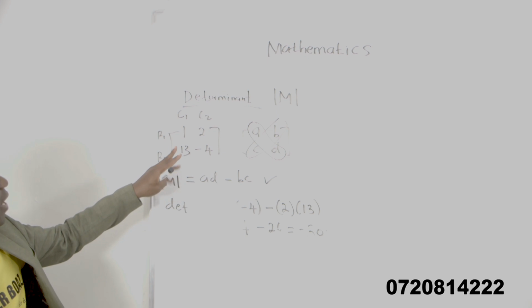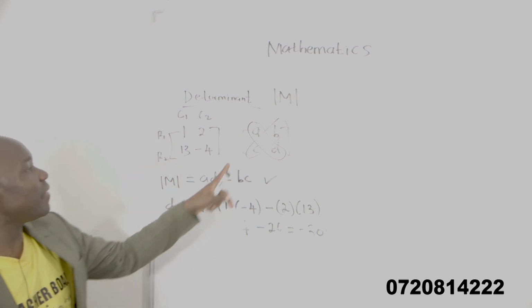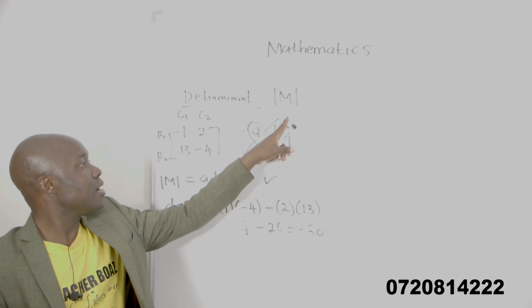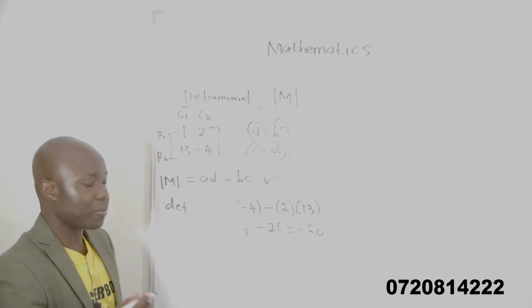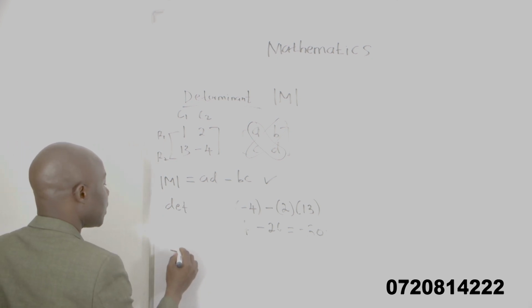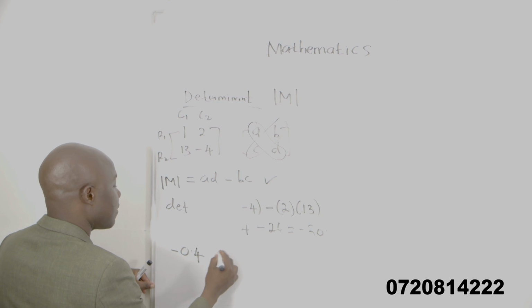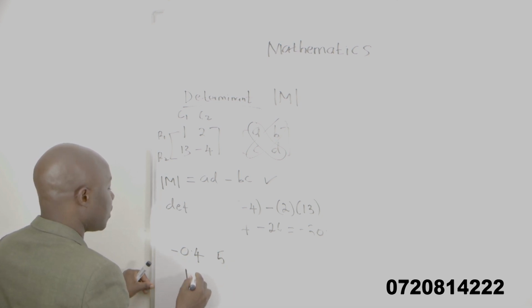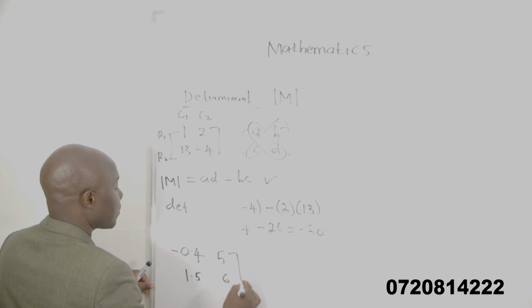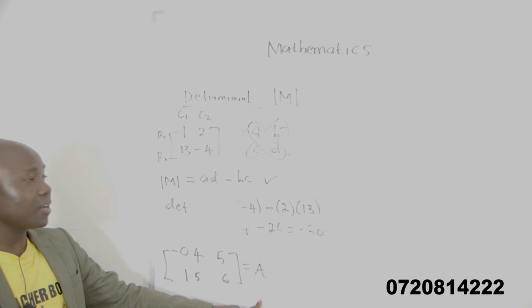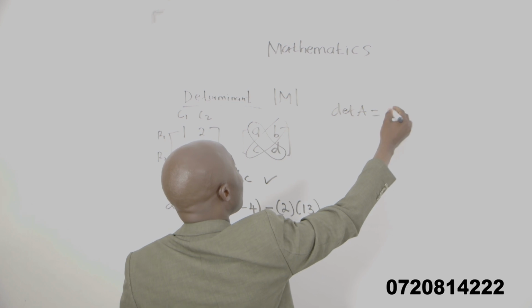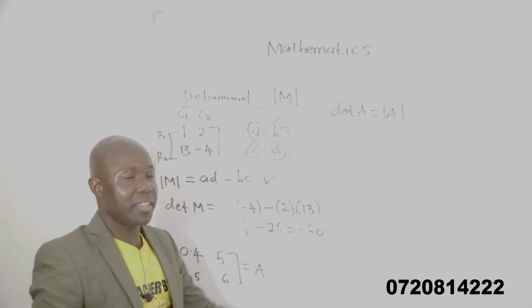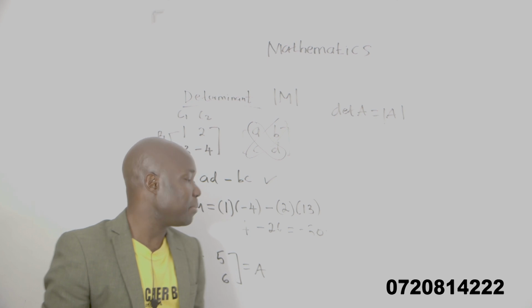So anytime you want to find the determinant of any matrix, it is simply the leading diagonal's product minus the minor diagonal's. An example, you may be given even decimals. Somebody can give you maybe negative 0.4, 5, maybe 1.5, and maybe 6. If this is the matrix that you have, call it matrix A, then in an exam they will ask you to find the determinant of A, which sometimes is abbreviated with the two absolute value bars. That simply means the determinant.